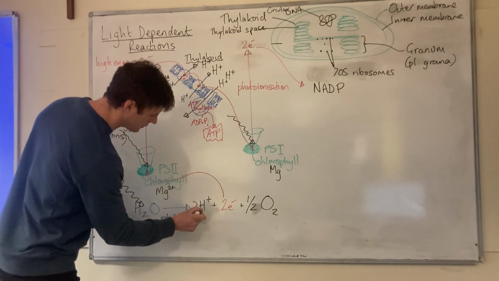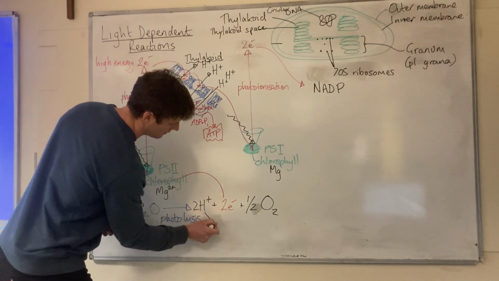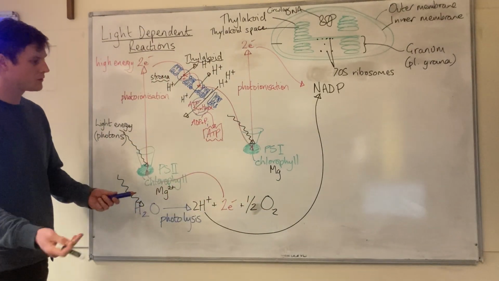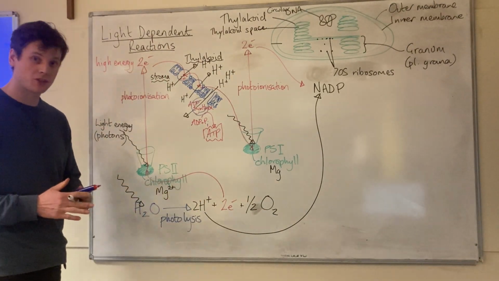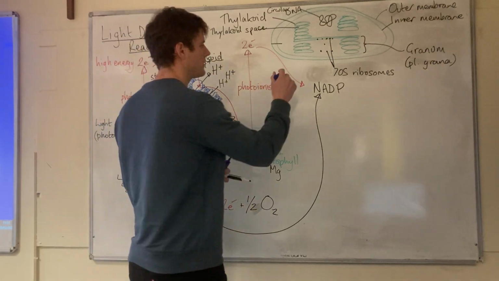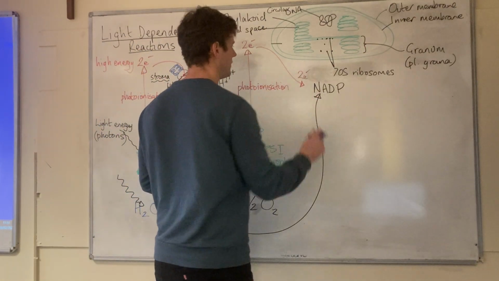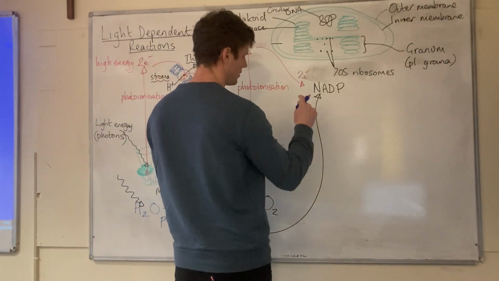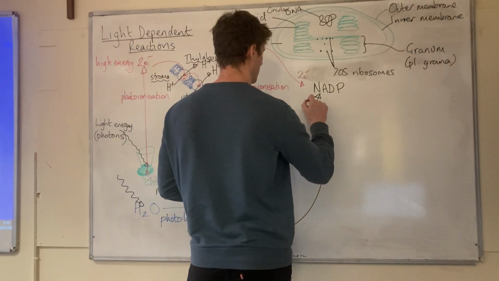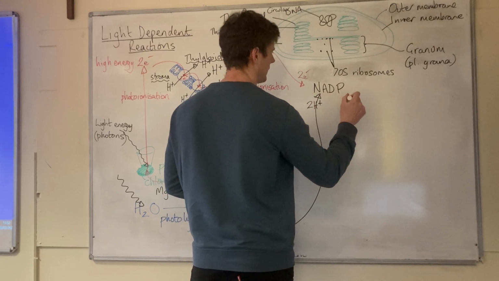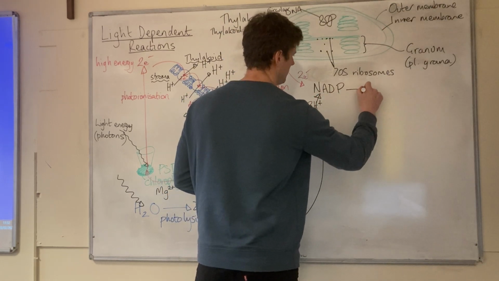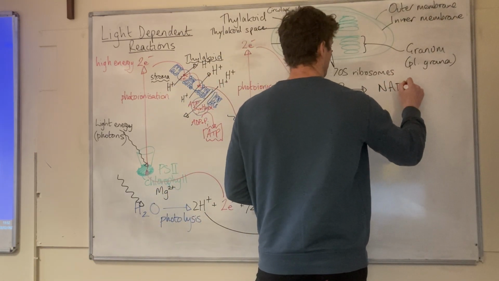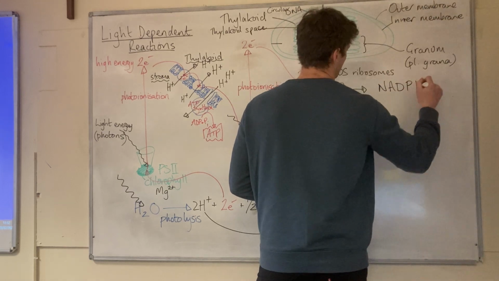The protons are used to also reduce NADP. So NADP accepts these 2 electrons from photosystem 1 and 2 protons from photolysis. Okay, so that NADP becomes reduced NADP, or sometimes referred to as NADPH.